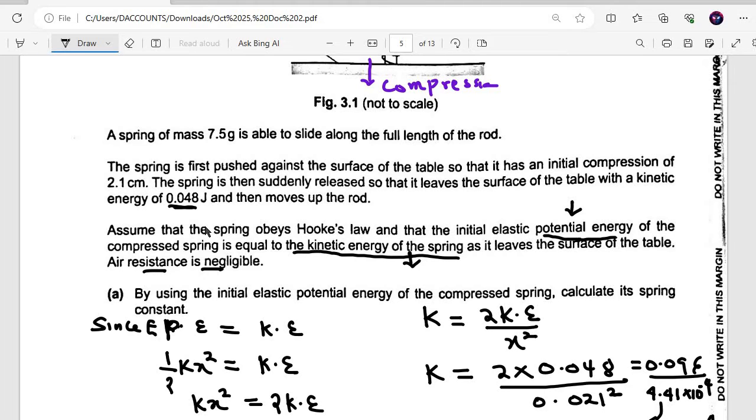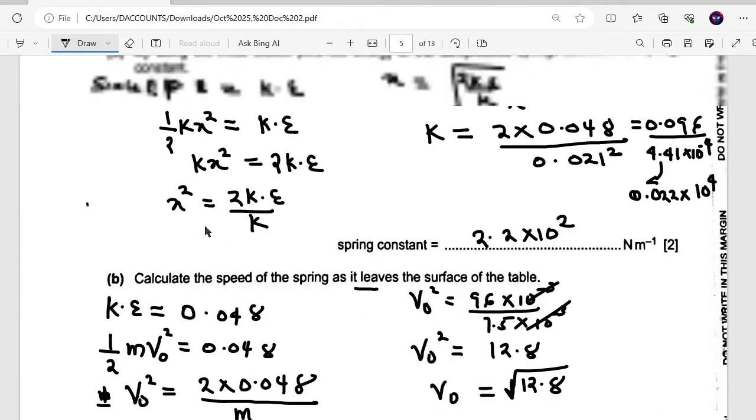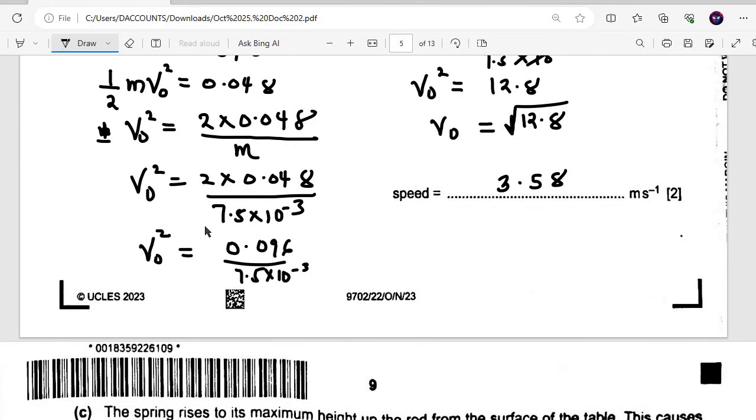It has initial compression. The spring is suddenly released, so that it leaves the surface with this energy and with this speed.